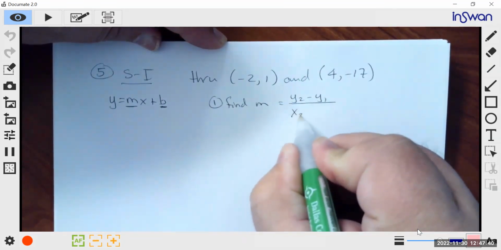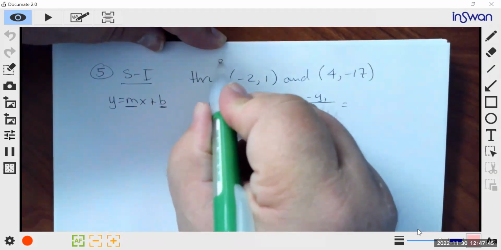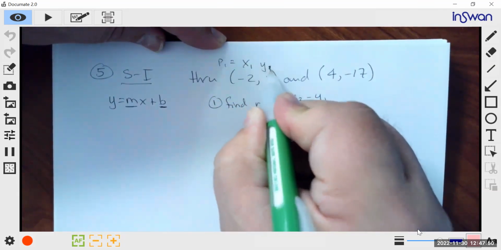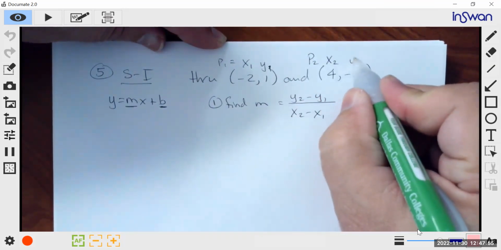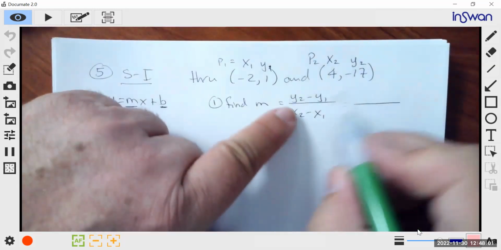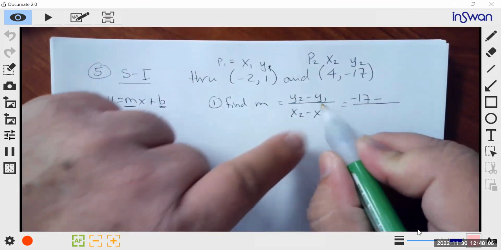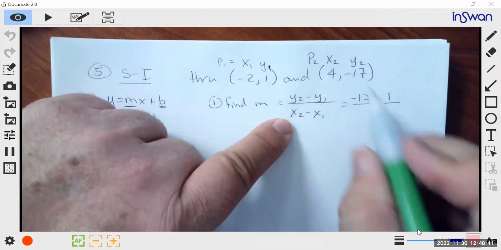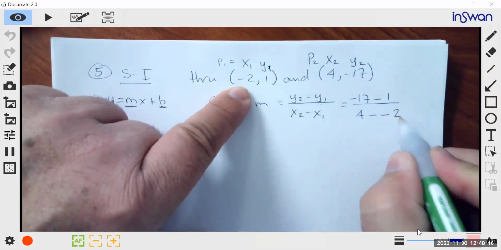y2 minus y1 over x2 minus x1. This is the x value and the y value of point 1, and this is the second point. So y2 is -17 minus y1, which is 1. x2 is 4 minus x1, which is -2.